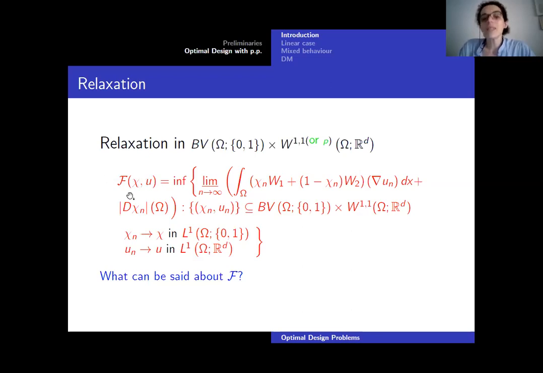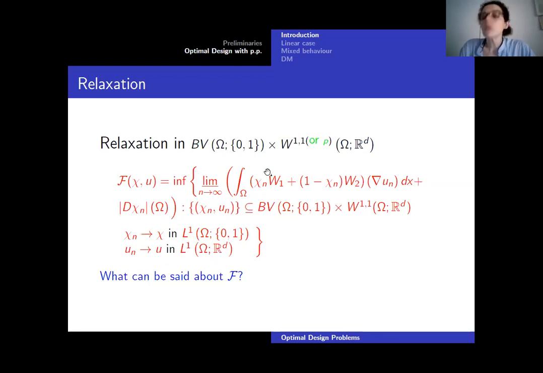the greatest lower semi-continuous functional below the given F, through this sequential characterization, when I require that the fields chi_n go to chi in L1, and because of this term, they're going to go, up to a subsequence, weakly star in BV, and the fields u_n go to u in L1 of omega.